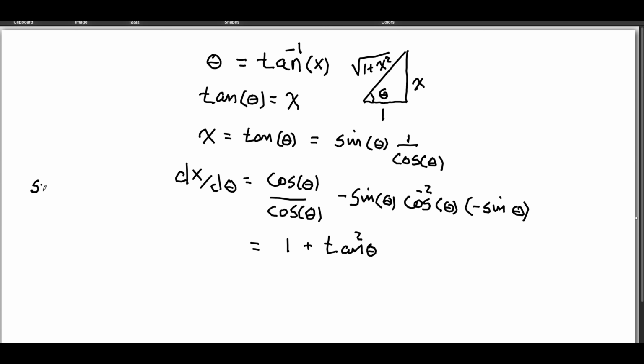sine squared theta plus cosine squared theta equals 1. And we divide that by cosine squared theta.